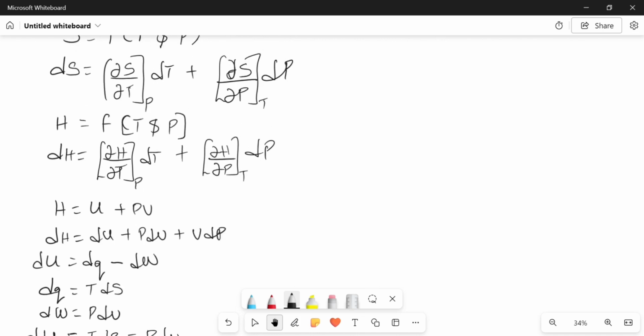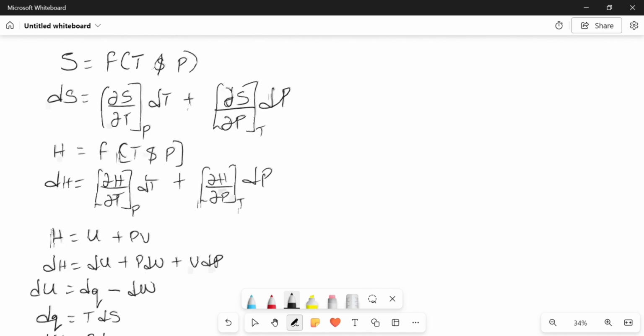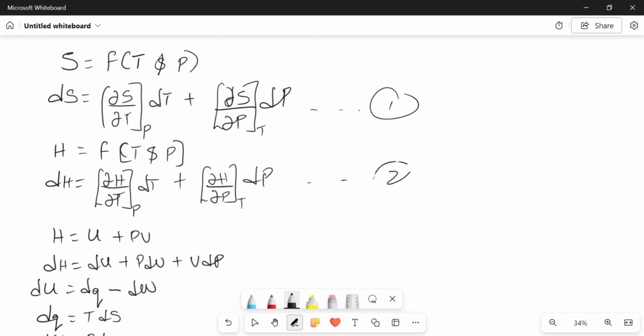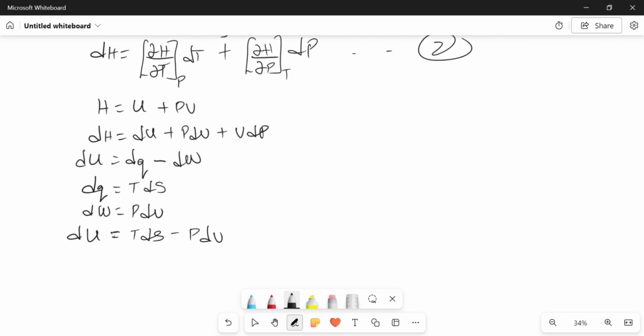Since we are getting into so many equations, let's start naming them with numbers so we can start relating them. This is equation 1. Let's call this equation 2. Let's call this equation 3, and instead, since what we actually needed is this, let's call this equation 4.